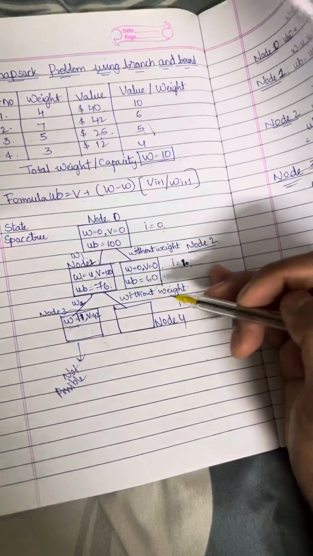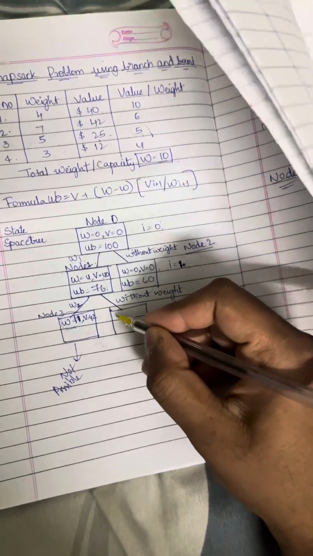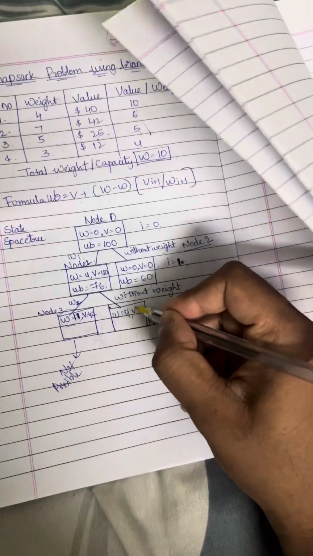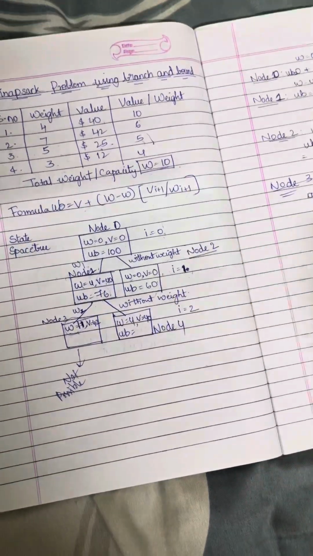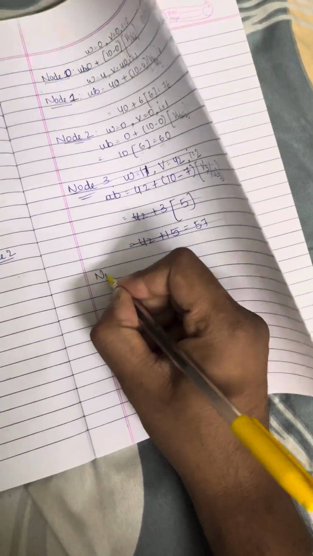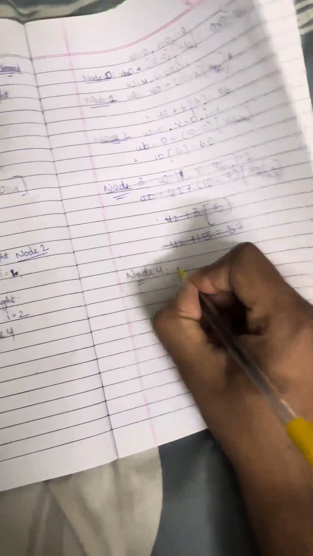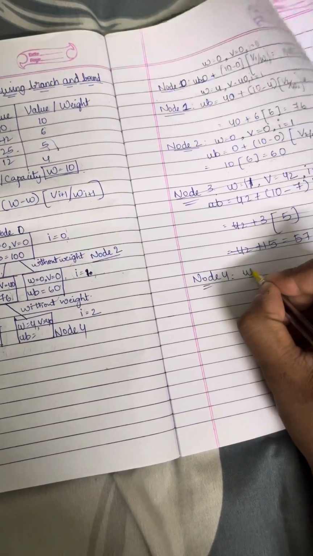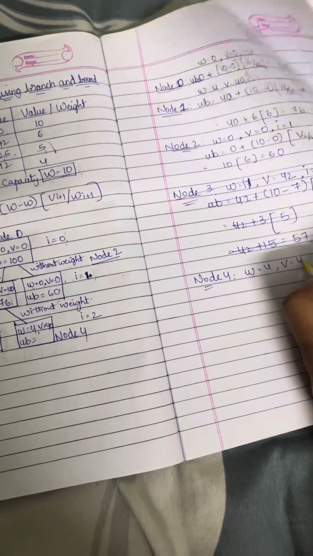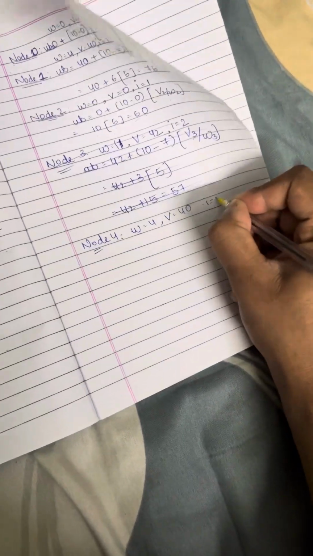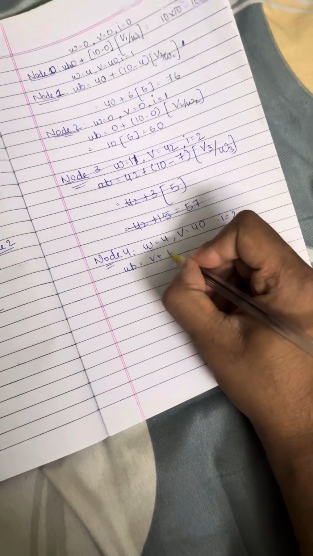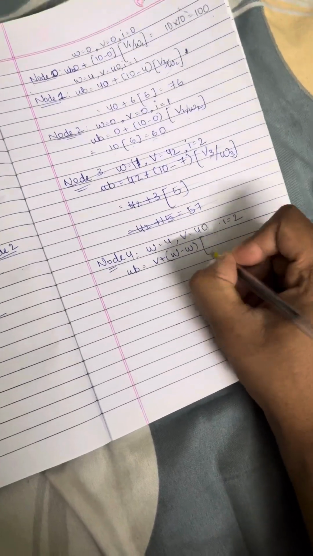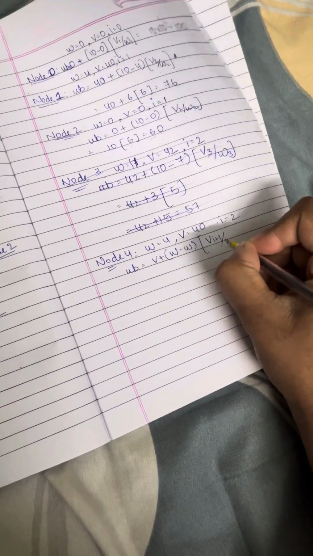On the right side, we will not be adding weights, right? As it is, we are going to write the same weights and values. Now we need to calculate the upper bound value for node 4. Weight is 4, value is 40, I is 2. Let's calculate the upper bound value: V plus W minus w into V(i+1) upon W(i+1).